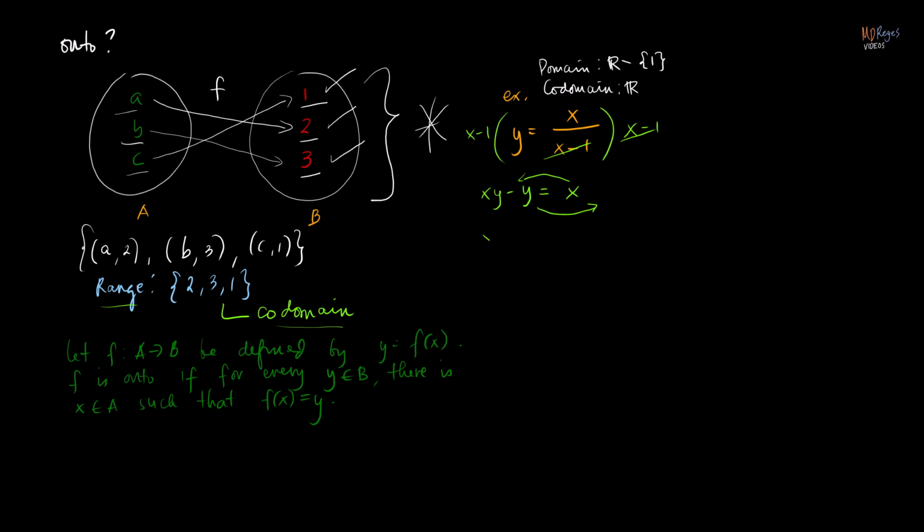So transposing terms, we'll have xy minus x equals y. And then factoring x on the left side, we'll get x times the quantity y minus 1 equals y. And then dividing both sides of the equation by y minus 1 to finally isolate x on the left side, x in terms of y equals y over y minus 1.